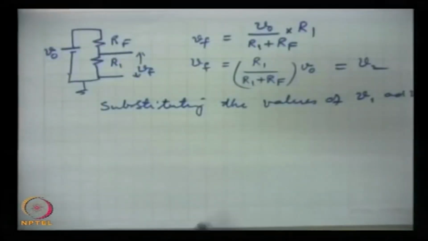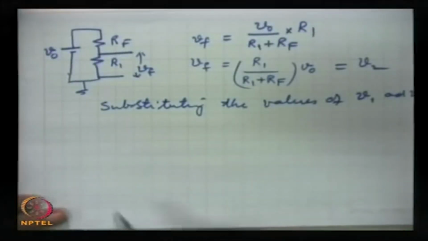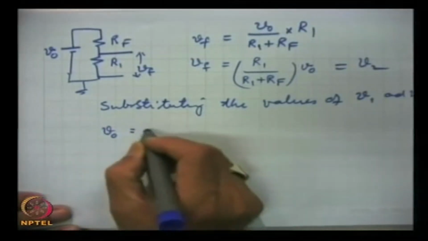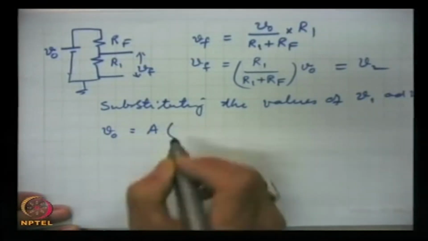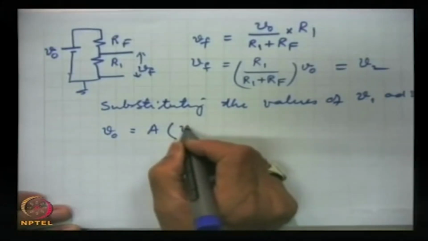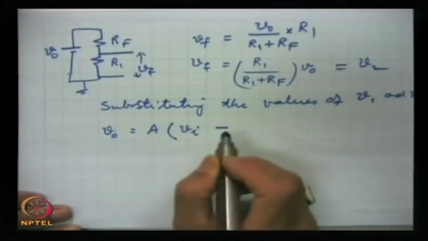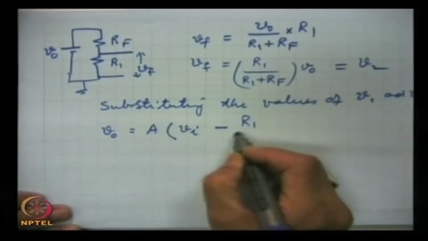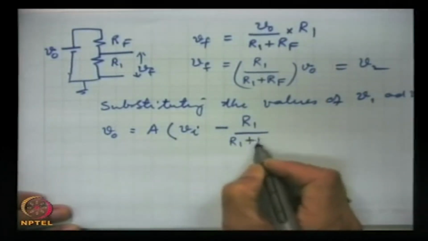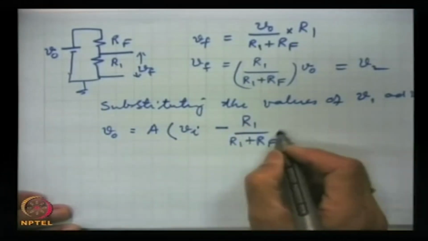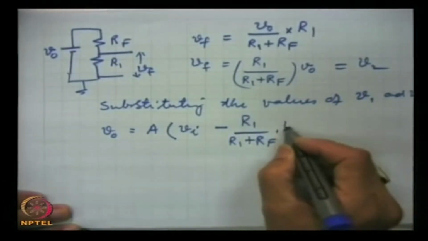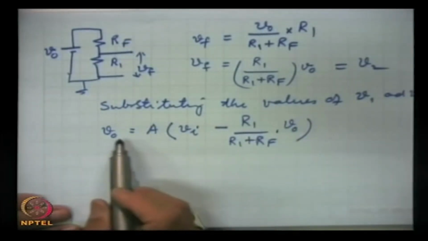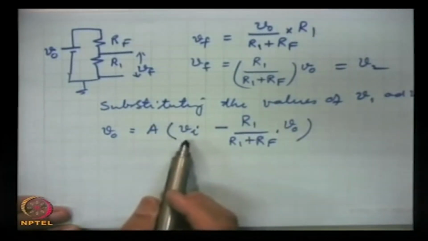So, when we substitute V1 and V2, we get V0 is A into V1, where V1 was Vi minus V2, and V2 is this, R1 plus Rf into V0. So, this is simply V0 equal to A into V1 minus V2.